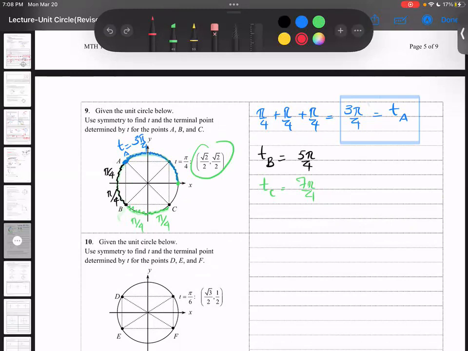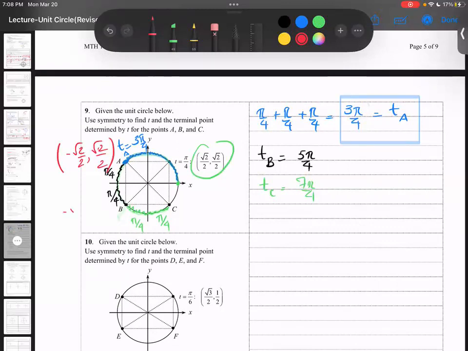So x is negative root 2 over 2, but y is still positive because in quadrant 2, it's still positive. Similarly, the point in quadrant 3 has x and y both negative, so negative root 2 over 2, negative root 2 over 2.